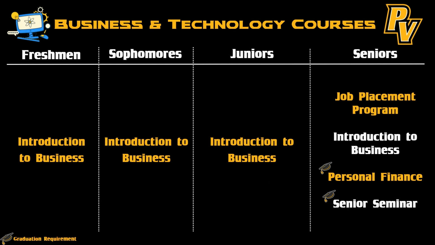And then new this year is our job placement program. So for seniors, you can choose job placement, and you can either do it for half a day or all day, depending on what credits you still have remaining. The big thing is that you have to make sure you get your English, math, and personal finance senior sim requirements done.